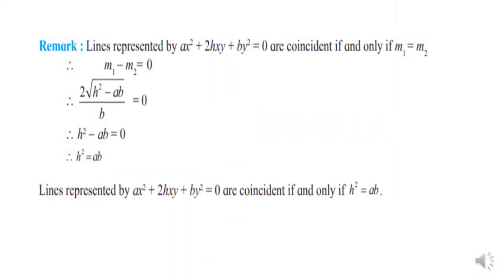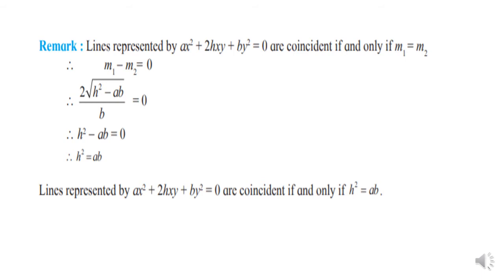Now suppose the lines are coincident. That is, suppose the lines are parallel to each other. See, we know the condition that if the lines are perpendicular, then we have a plus b is equal to 0. Suppose the lines are parallel or if they are coincident, that is one and the same, then their slopes are equal. That is m1 is equal to m2, or we say that m1 minus m2 is equal to 0, or we know the value for m1 minus m2 from the previous slide.